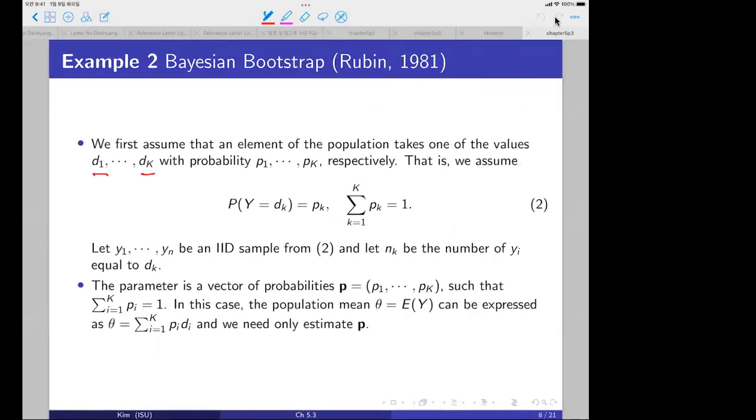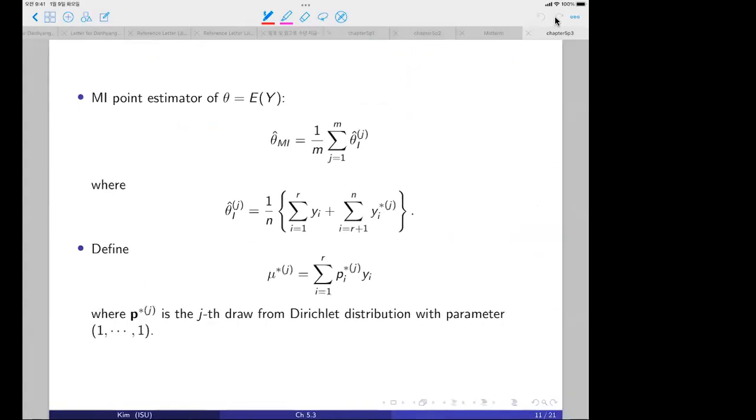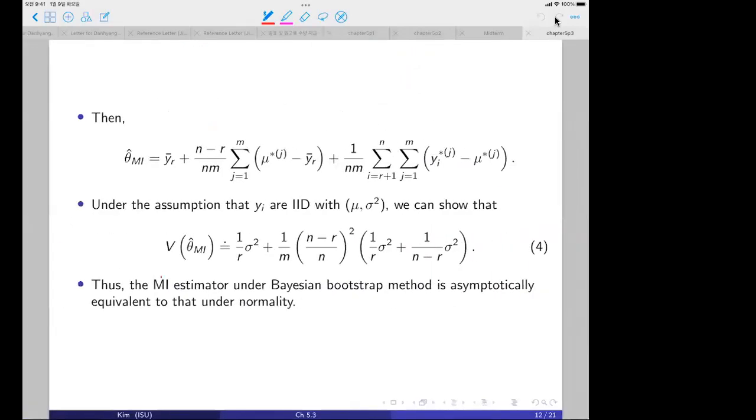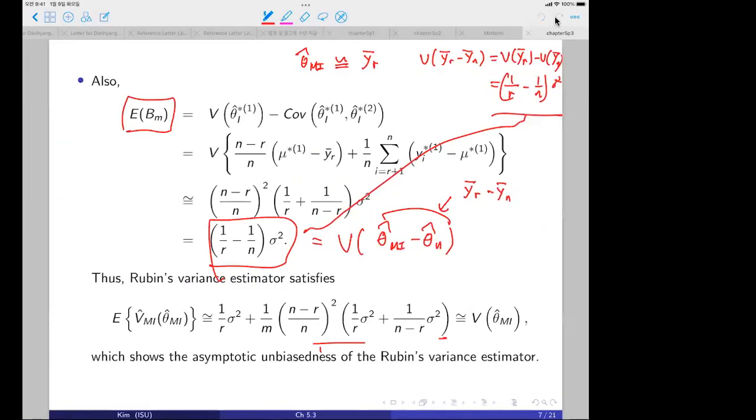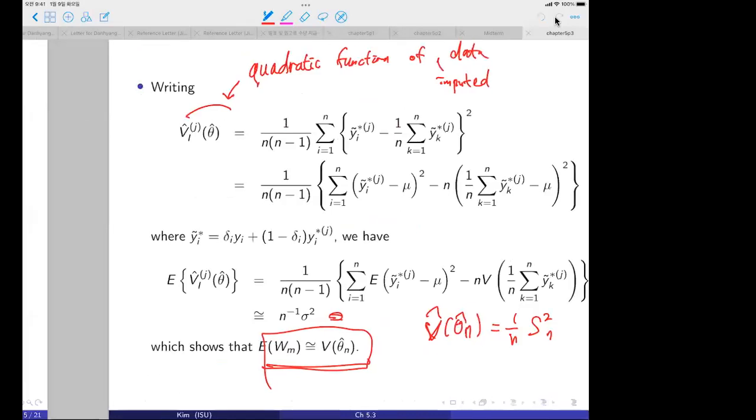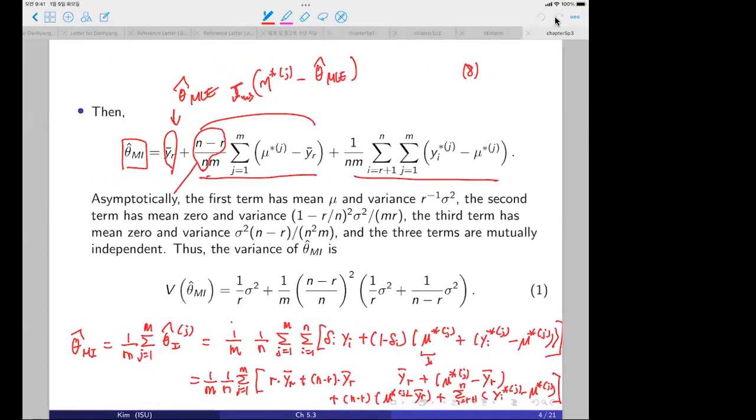So this variance 4 is not exactly the same, but asymptotically, at least up to the main term of the variance, as the variance we have here, 1.